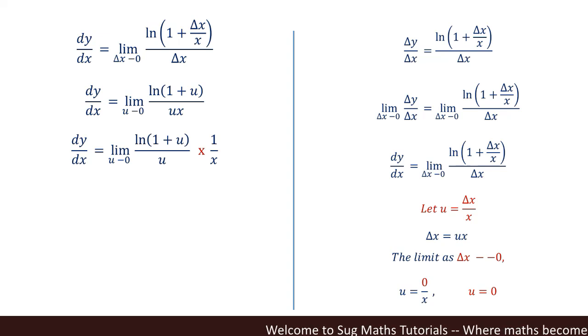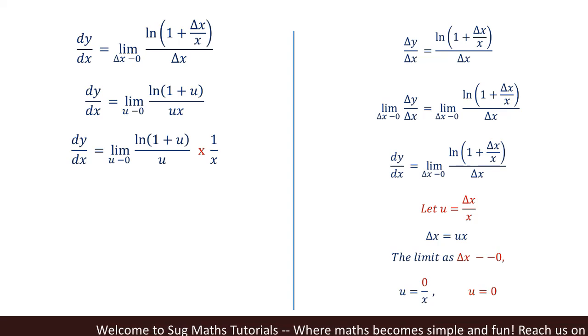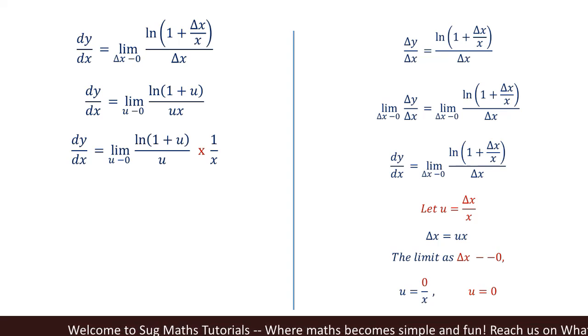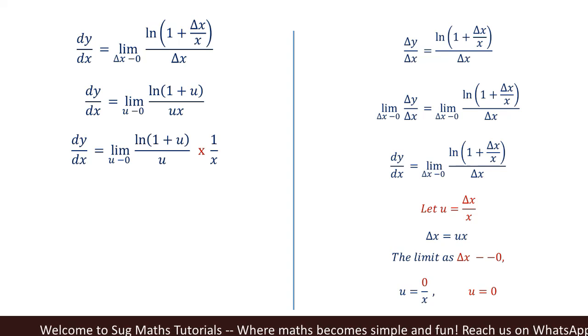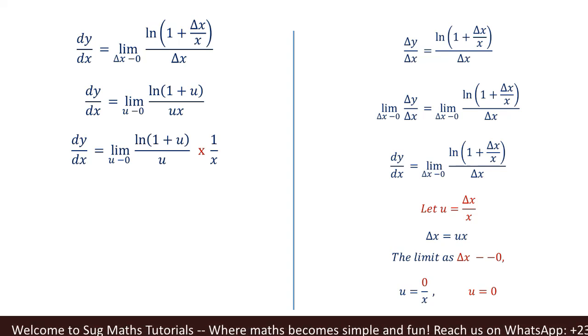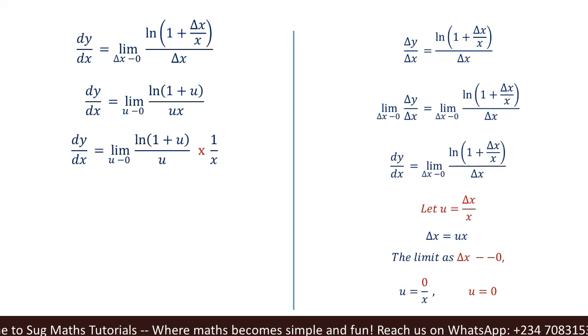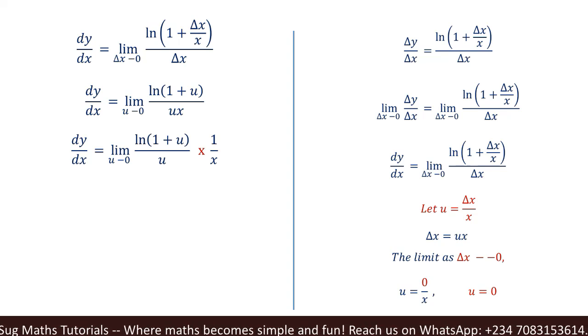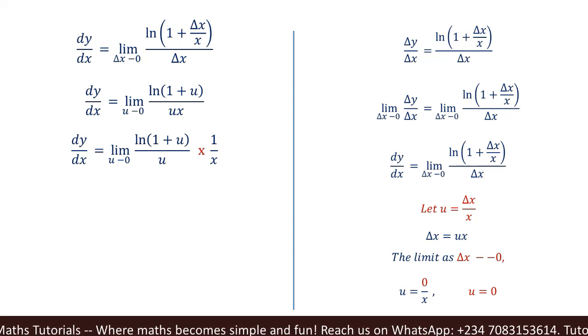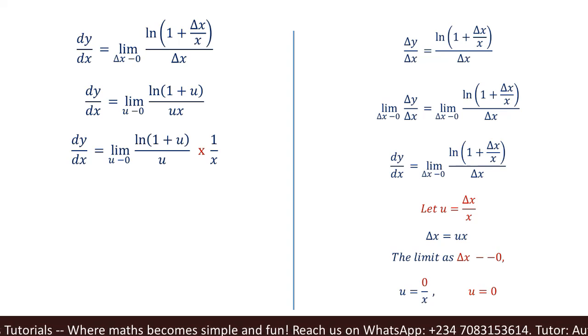As we split it into 2 and this is multiplication, we can take 1 all over x behind the limit. Why? Because here we have 2 variables, variable u and variable x. You will see that variable x is a constant here because we are dealing with u. So x is a constant, so we are taking 1 over x behind the limit.